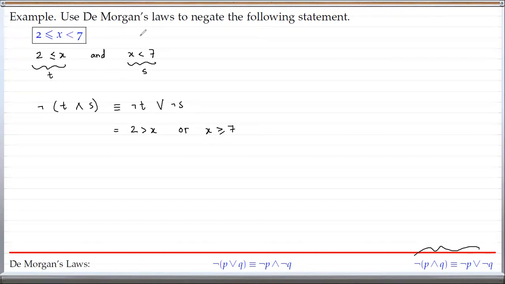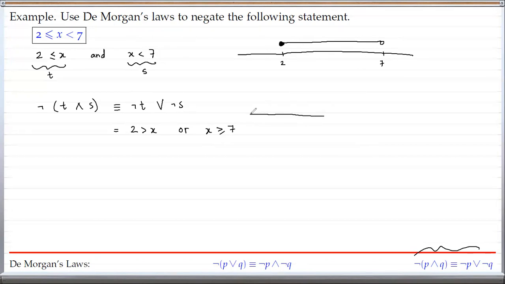Now if we think of this in terms of a number line, the given statement says X is between 2 and 7, including 2 and not including 7, like that. So this is the region given by this inequality. Now negating that means we include X values other than the ones given in this number line.